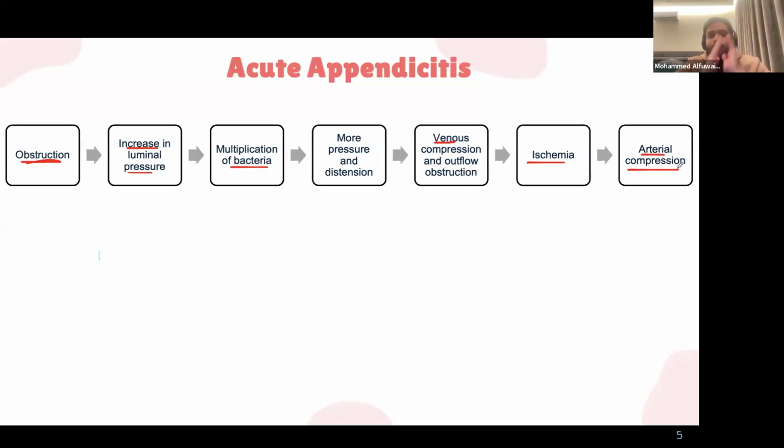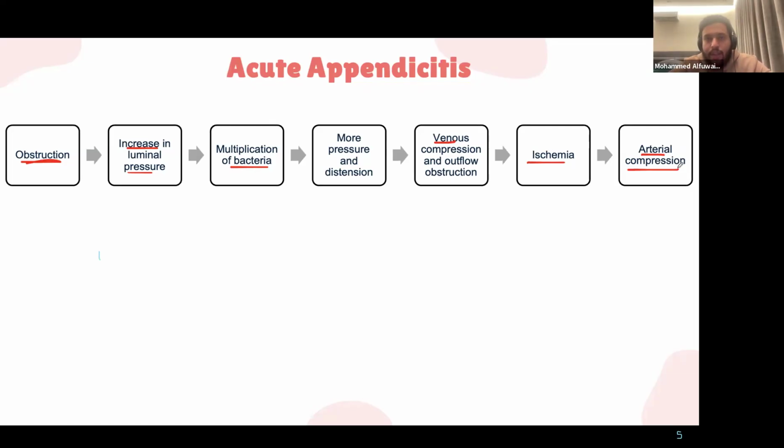Okay. So how will this patient present with appendicitis? Where will the pain start? Will it start in the umbilical area or in the right lower quadrant? Periumbilical. It usually starts periumbilical, then moves to the right lower quadrant.